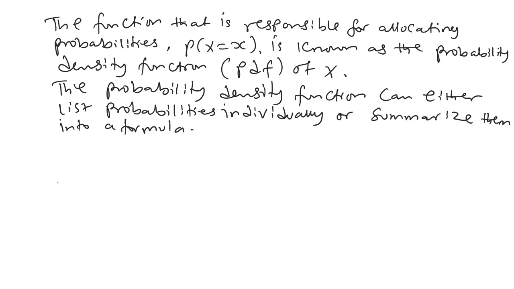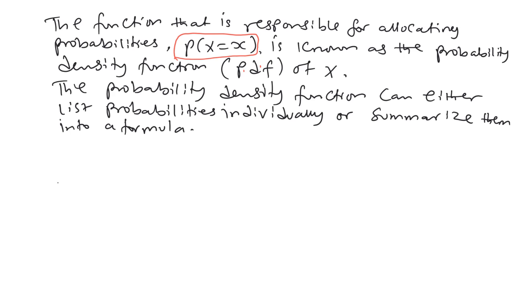So simply what we are saying is that the function that is responsible for allocating probabilities, which function? This is the function. It will allocate different probabilities to different x values, and is known as the probability density function. So you'll find this abbreviation frequently used, the p.d.f of x.